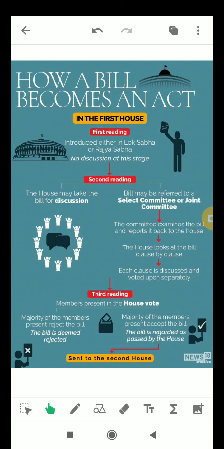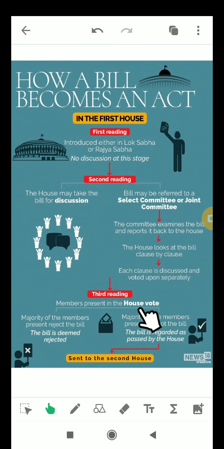That means the second reading is the most important stage in the passing of a bill. The House can refer it to select committees, and then detailed discussions take place in the houses.